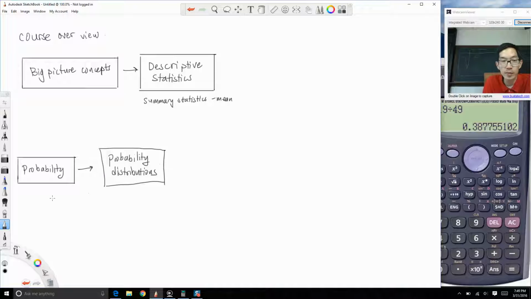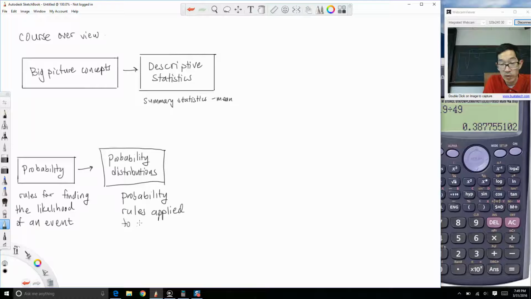So this is just rules for calculating how likely or unlikely events are, with probability rules applied to variables.